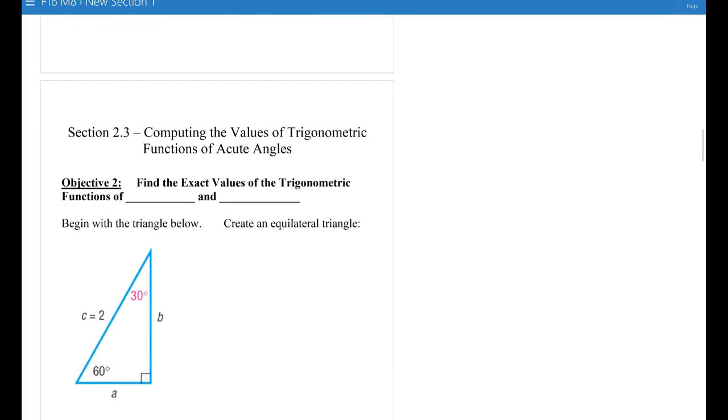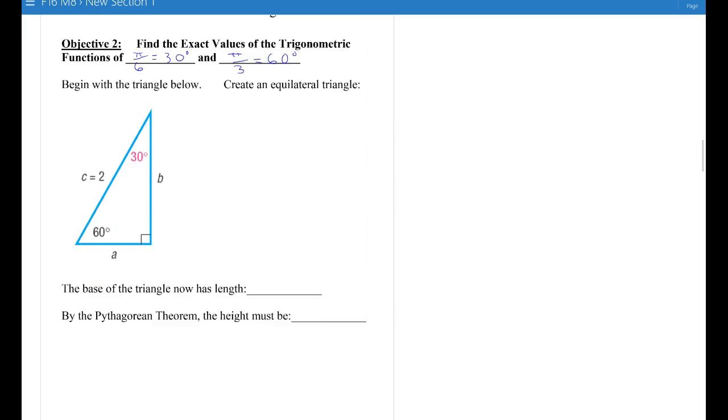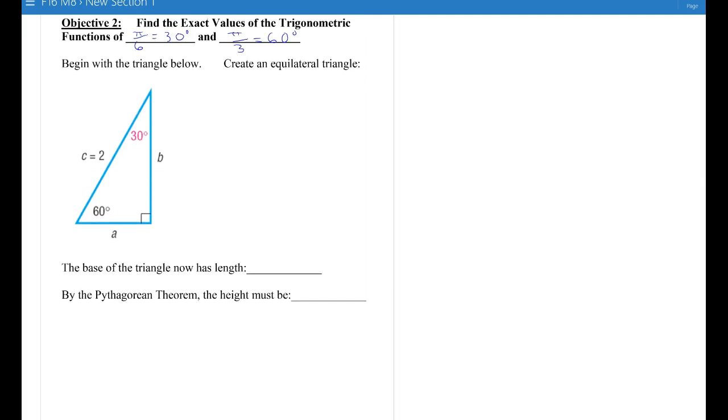They're really important. Objective 2 is going to be to find the exact values of the trigonometric functions of pi over 6, which is 30 degrees, and pi over 3, which is 60 degrees. So we're going to start with this triangle below, and then we're going to create an equilateral triangle.